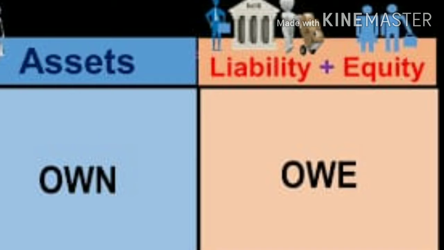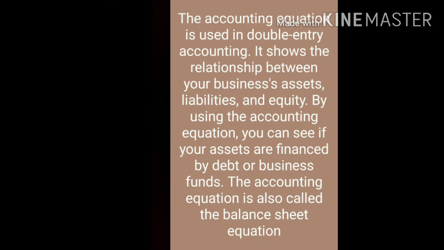So obviously we have to know why we are going to use it and where we are going to use it. So let's start. The accounting equation is used in double entry accounting. It shows the relationship between your business assets, liabilities and equity. By using the accounting equation, you can see if your assets are financed by debt or business fund.